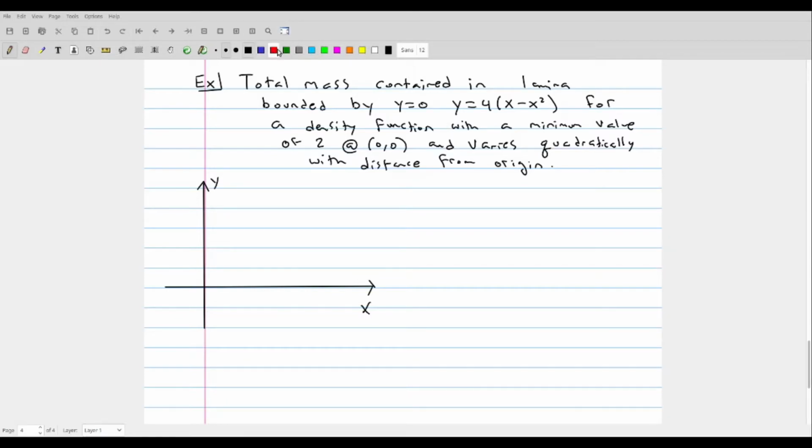So the function y equals 4 times x minus x squared goes from x equals 0 to x equals 1. It looks like this.